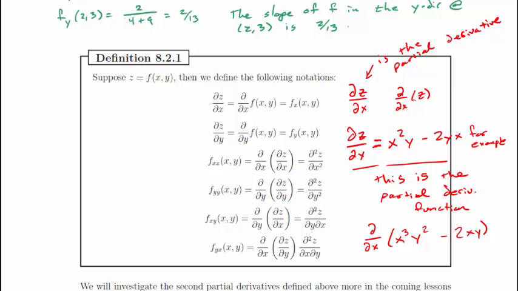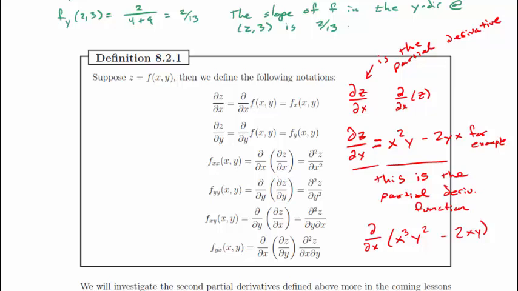Okay. Moving on here. We have these notations. These are our second partial derivatives. F sub xx of x comma y, f sub yy of x comma y, f sub xy of x comma y, and f sub yx of x comma y.